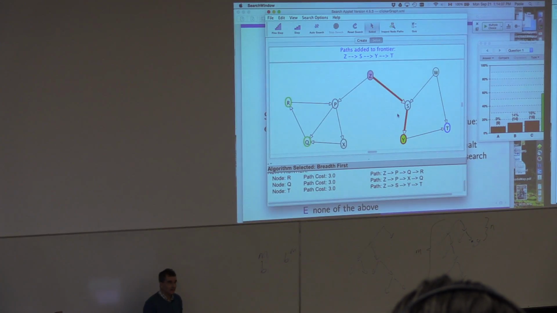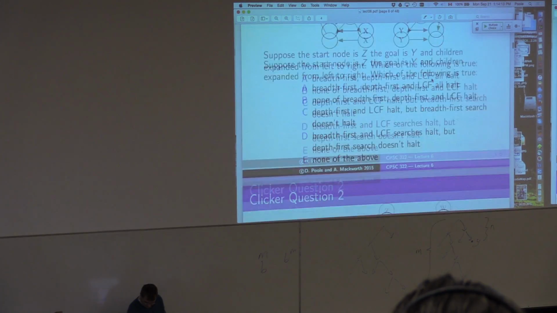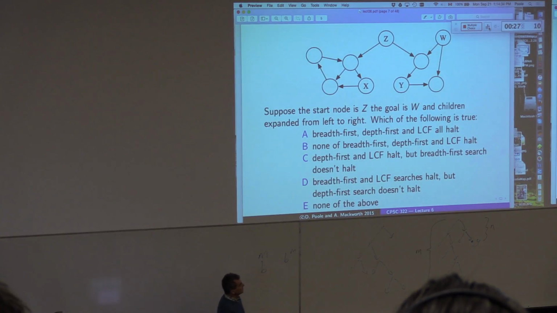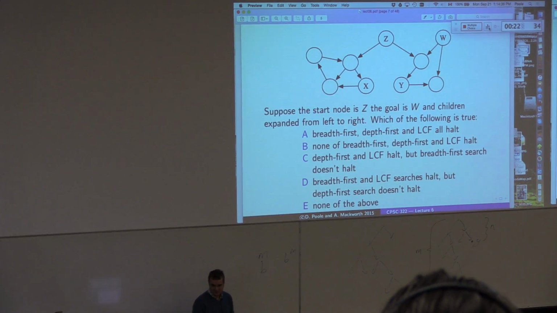Any other questions about that quiz question? All right. Let's do the next quiz question. All right, looks exactly the same, but here the start node is Z and the goal is W. So it's exactly the same question as before, except the start node is Z and the goal is W. And what happens?